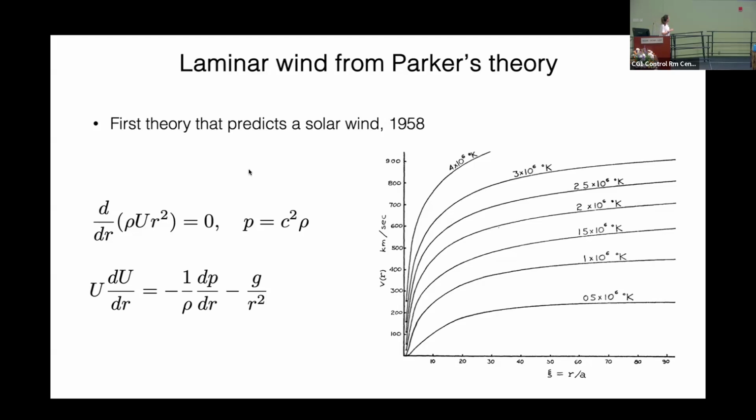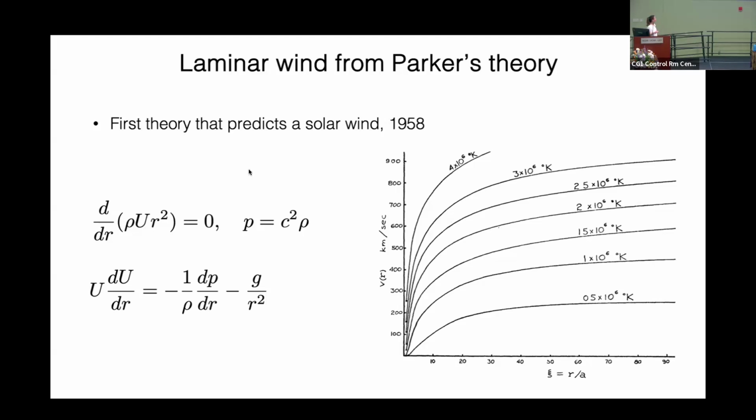So you can solve these equations, okay? And he argued that the only possible physically acceptable solution, although I'm sure that now you know better than I do. Okay, why? The acceptable solution is the one corresponding to the transonic solution, so a wind that becomes supersonic.